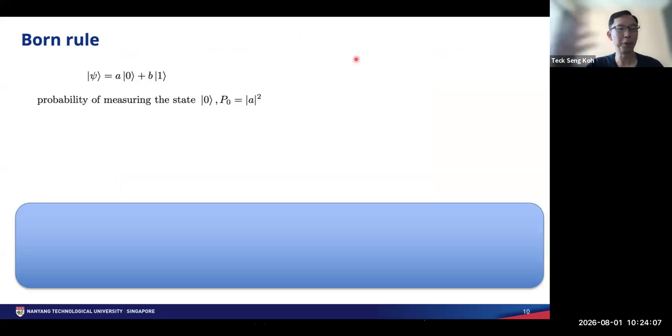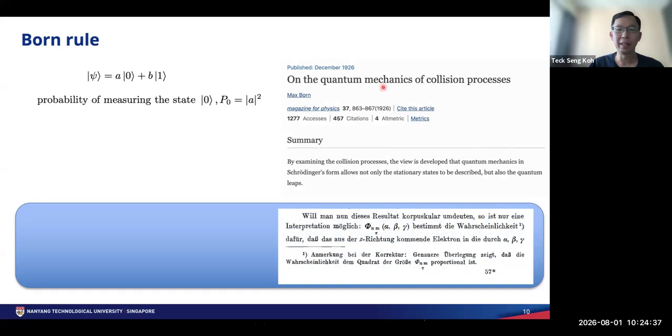Then we come to Born's rule, which is that if I have a quantum state in some superposition of 0 and 1, where 0 and 1 represent two distinct and orthogonal states of the system, then the probability of finding a 0, let's say, is just the modulus squared of A. Where did this come from? It came from Born, and this is called Born's rule. He published it in German, so this is a translation from Google.